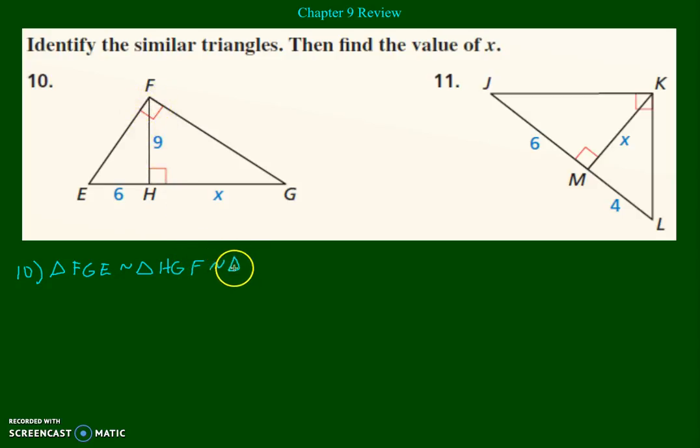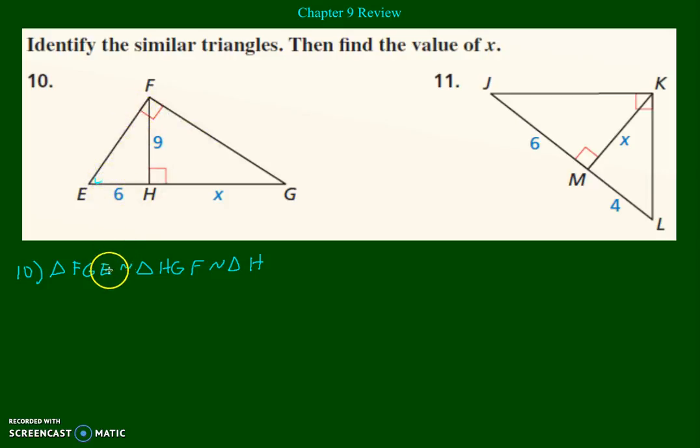which is similar to triangle. Again, in the little one, I'm going to go with the right angle because that corresponds to these. So that's triangle H. I have to go to the vertex that corresponds to angle G, and that happens to be this one. And the reason it can't be this one is because E is shared with the big triangle.